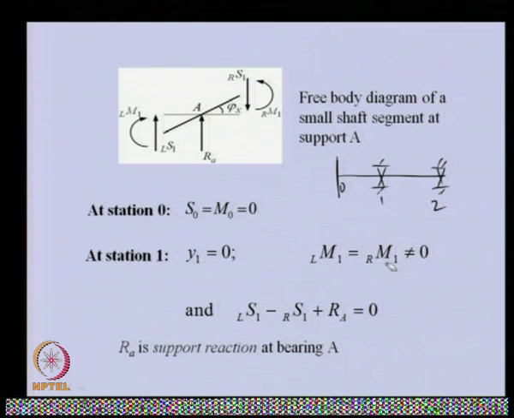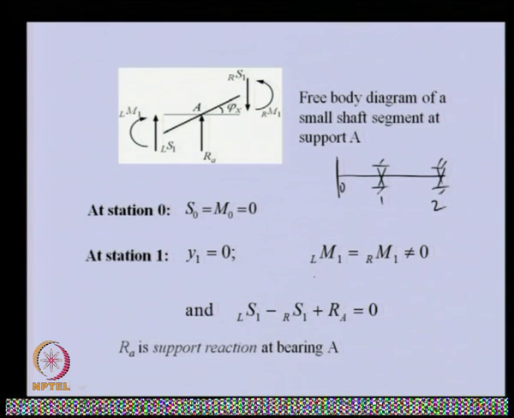Also, from the free body diagram of this, if we take the moment balance or force balance, we will see that there are 3 forces. One is the left of support 1 shear force, which is, let us say, in the positive y direction, the right of support 1, which is in the downward direction, so negative, and the reaction force RA at station A or the support A. So this is the force balance at station 1.